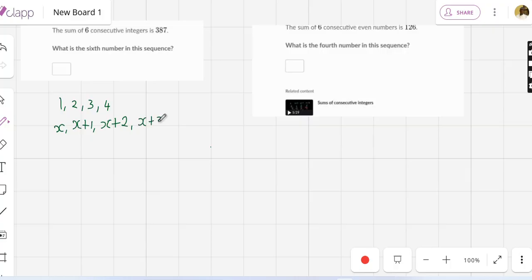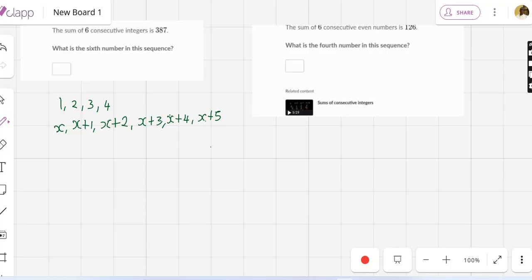The fifth integer is x plus 4. And the sixth integer is x plus 5. That is when they give you consecutive integers, when there's no odd, there's no even.